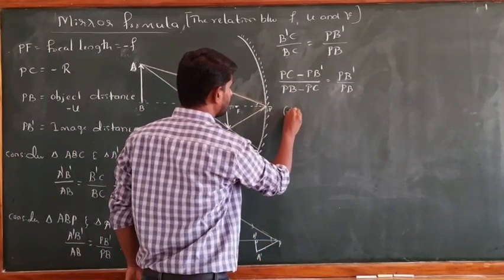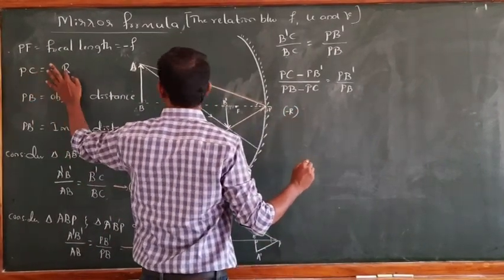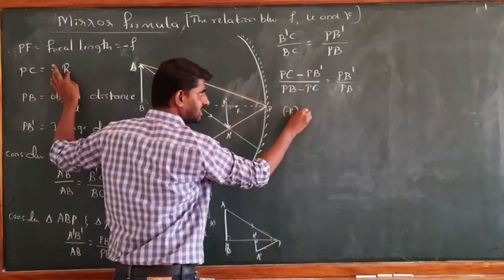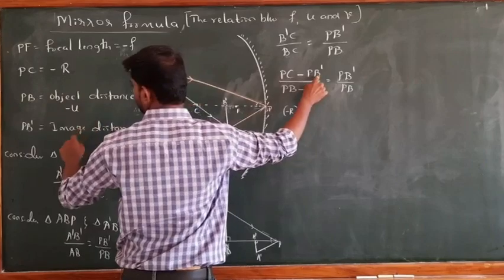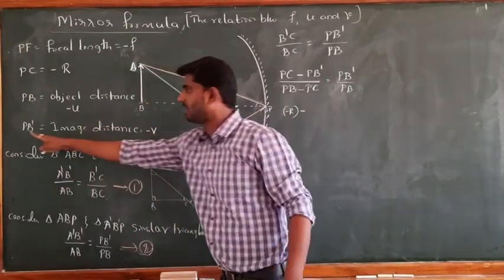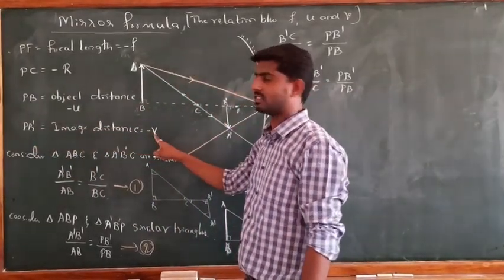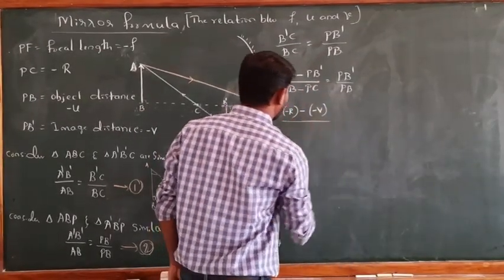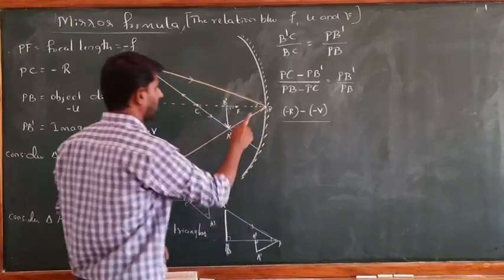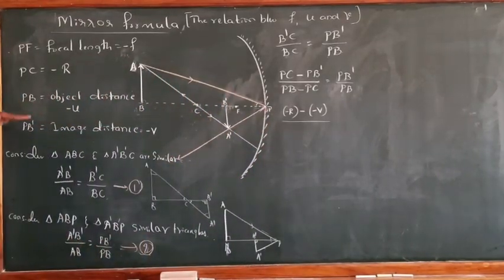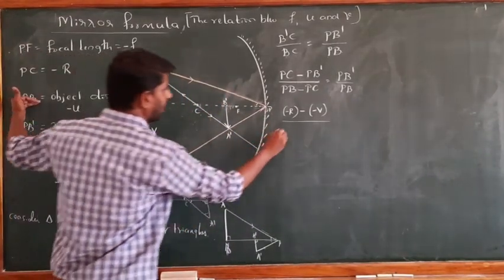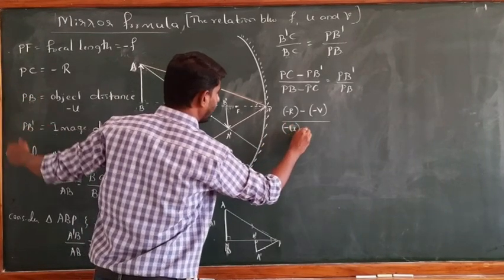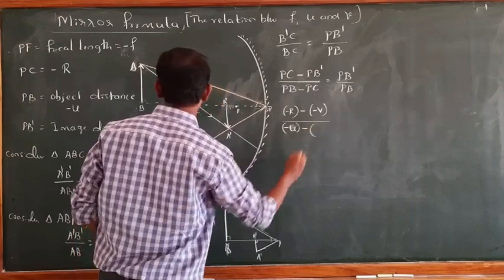PC is minus R, the radius of curvature, and this minus stays. PB dash is the image distance, so write V. PB is the object distance, and this is also negative, minus U. And this minus stays, PC again minus R.